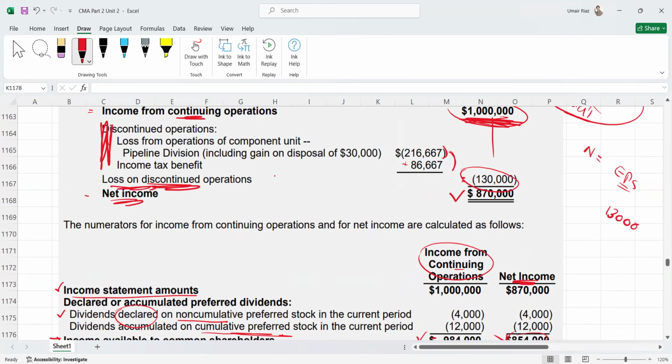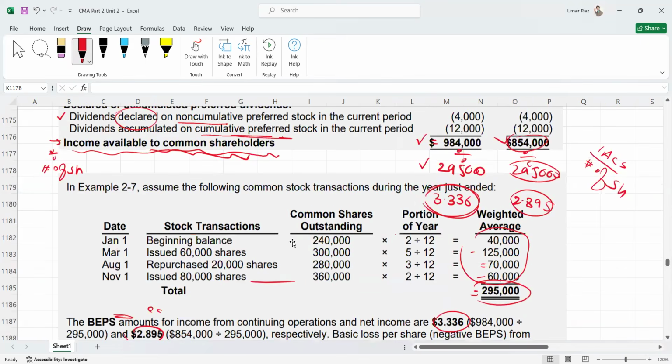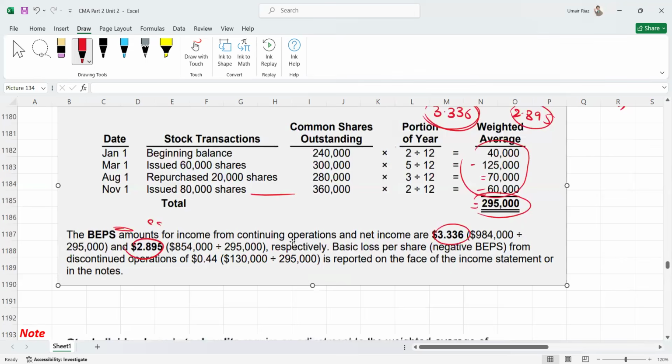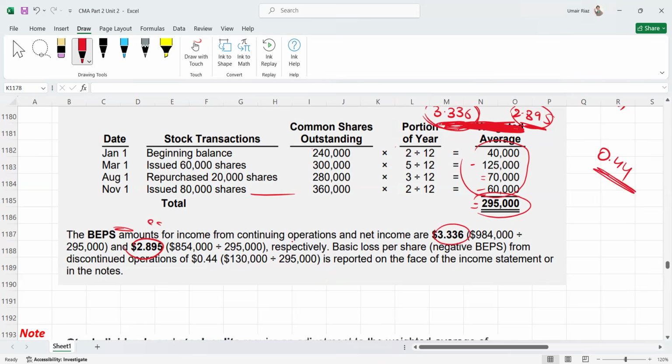If I take 130,000 divided by the number of shares 295,000, due to this loss your EPS is decreased by 0.44 dollars. If you take the difference of these two EPS, from continuing operations and net income, the difference is similar, and it is due to the loss on discontinued operation.